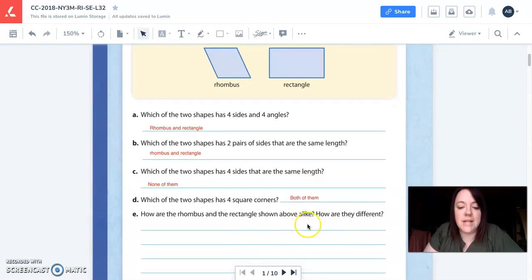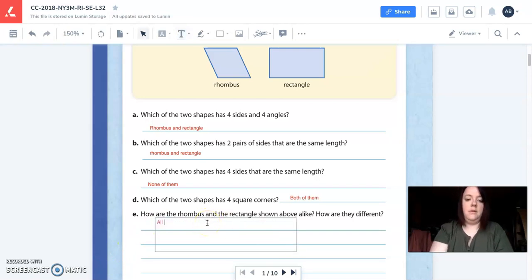How are the rhombus and the rectangle shown above alike? How are they different? So let's think a little bit about our lesson yesterday. How were we talking about, or I guess the last 3 days, how were we talking about classifying different shapes? So we know that both shapes have four sides, which means that they have four angles. That's one.